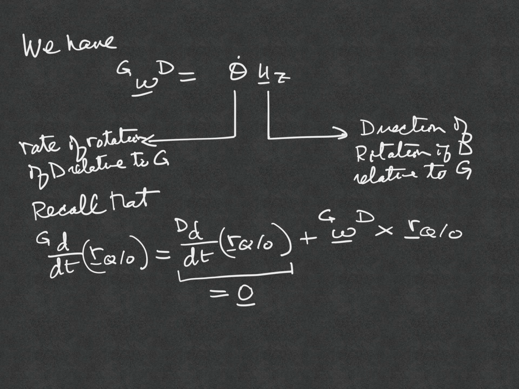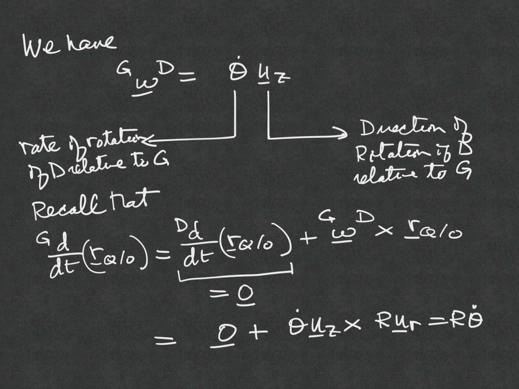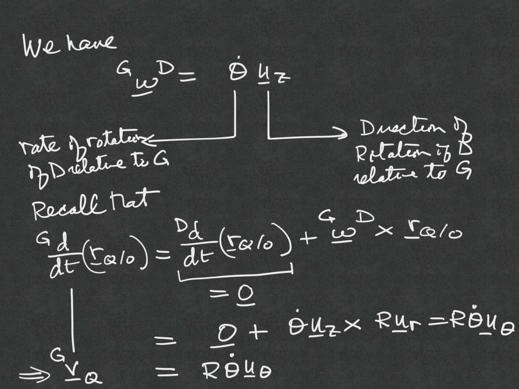So that only leaves these two quantities. So that means that we have 0 plus theta dot UZ crossed with R UR, which is equal to R theta dot U theta, which implies that the velocity of point Q as viewed by an observer fixed in G is equal to R theta dot U theta, because this velocity is equal to that rate of change.